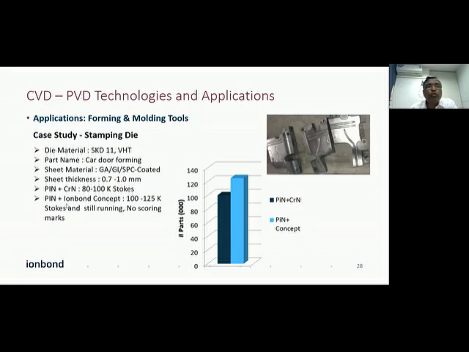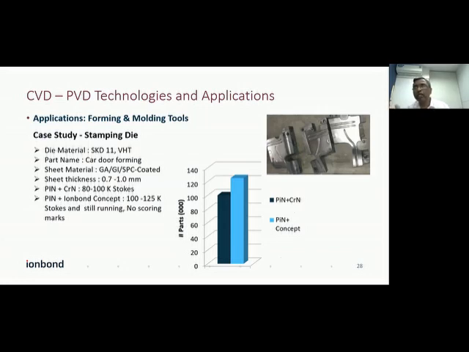But if we use advanced coatings like the concept coating, where coating hardness is in the range of 3800 HV with a very low coefficient of friction, see the unique properties: high hardness and low coefficient of friction. It is a high hardness of 3800 HV, low coefficient of friction 0.15, whereas for metal to metal friction it is 1.